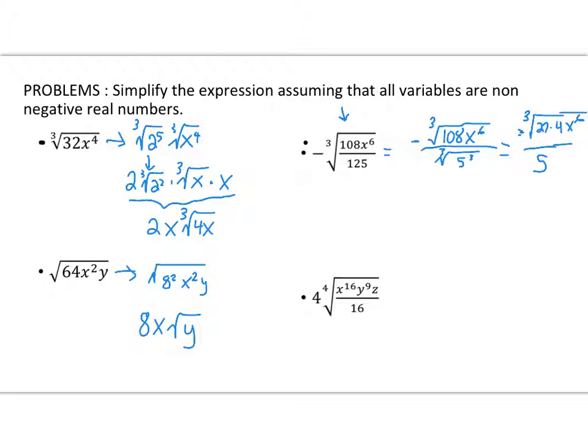Hopefully you can see that. And so when I take the cube root, 27 is 3 cubed, so I can take that out.